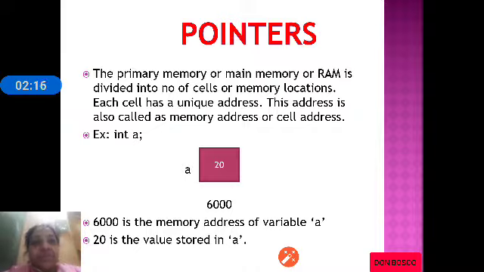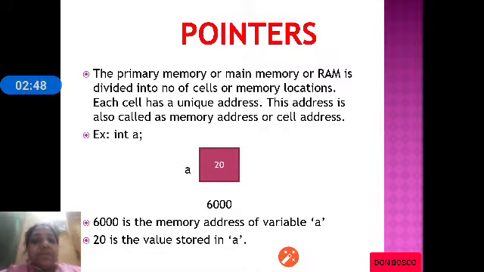So let us see what is a pointer. The primary memory, that is RAM, consists of a number of cells. Each cell can store data. The entire memory RAM is divided into a number of cells, and each cell is identified by its own address, which is also called memory address or cell address.